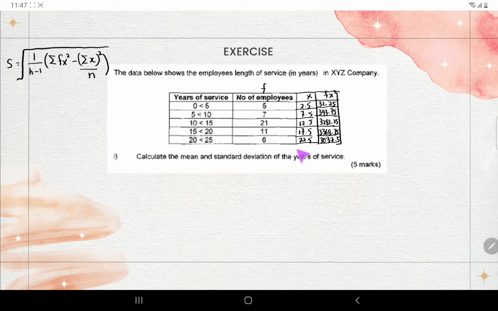So we need to total up all of the values in each column. Here we get 62.5 for the total of fx, and the total of fx square is 10112.5.